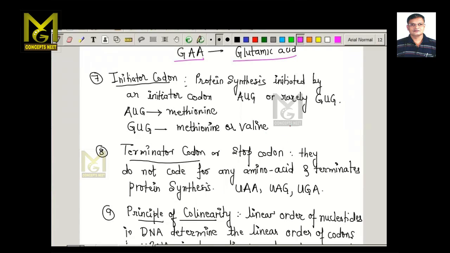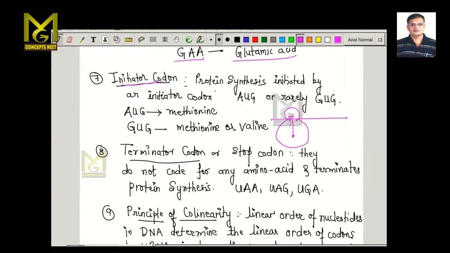Initiator codon: if you look at the process of protein synthesis, the ribosome is attached, the smaller subunit, the larger subunit, and the first transfer RNA comes with its own amino acid. The initiation of protein synthesis takes place in the presence of the first codon, and universally it is AUG, which is called the initiator codon.